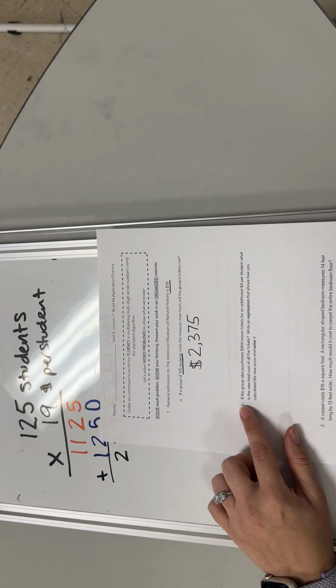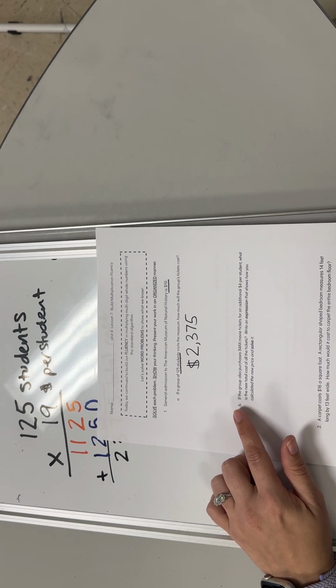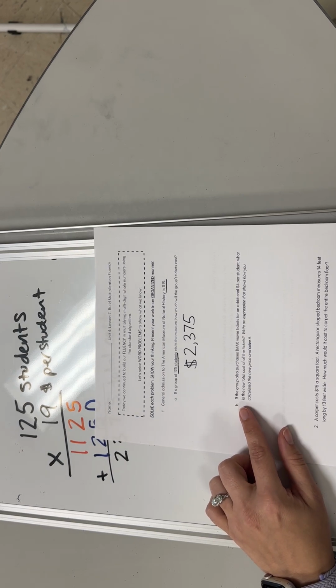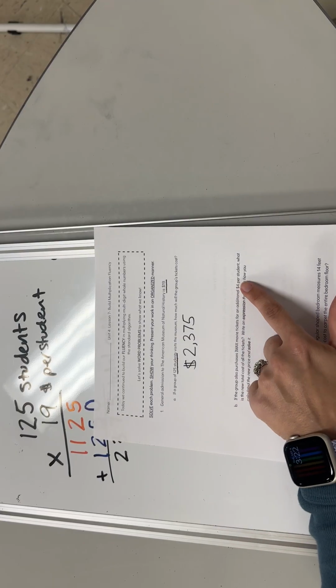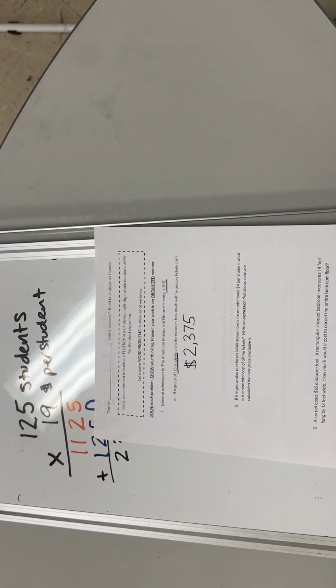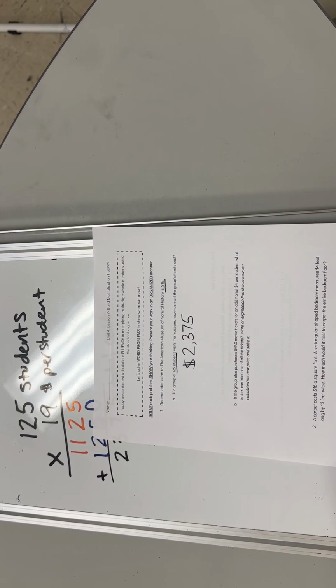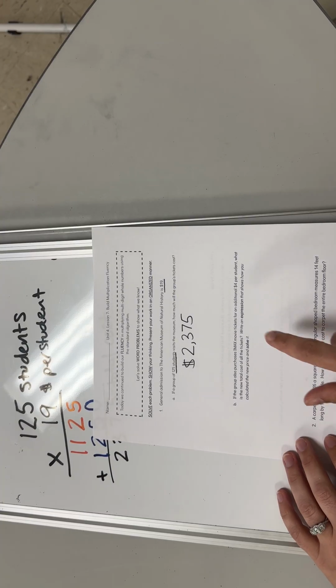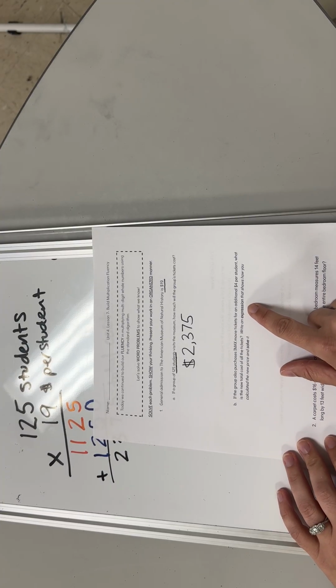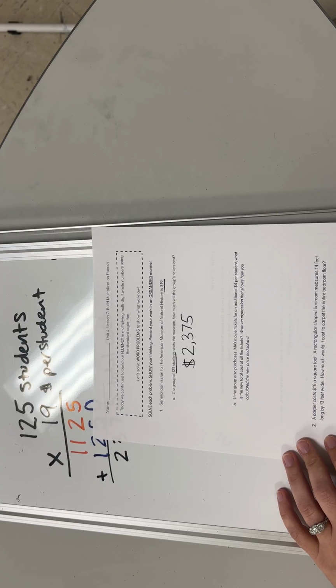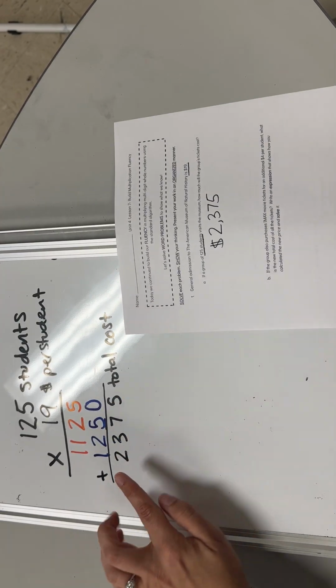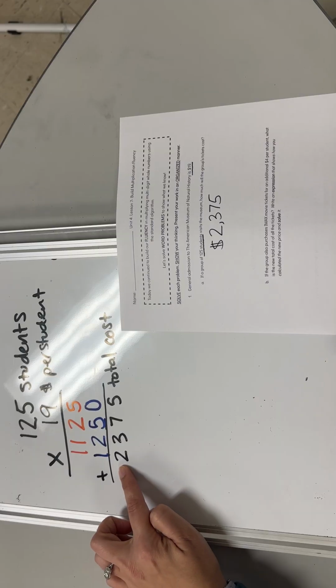In B, it says, if the group also purchases IMAX movie tickets for an additional $4 per student, what is the new total cost of all the tickets? It wants us to write an expression that shows how we got the new price and then solve it. Well, we already know the cost of their tickets to start.